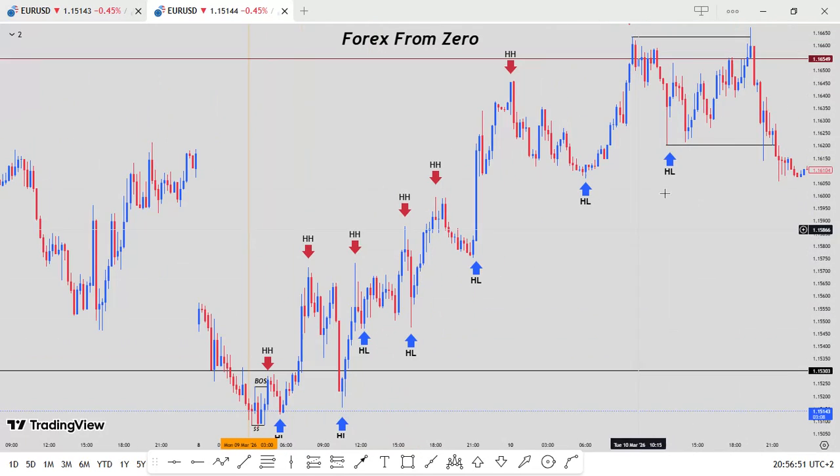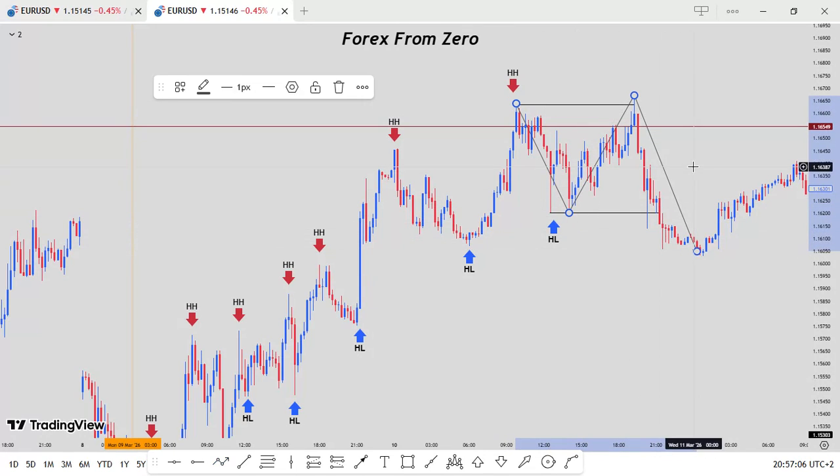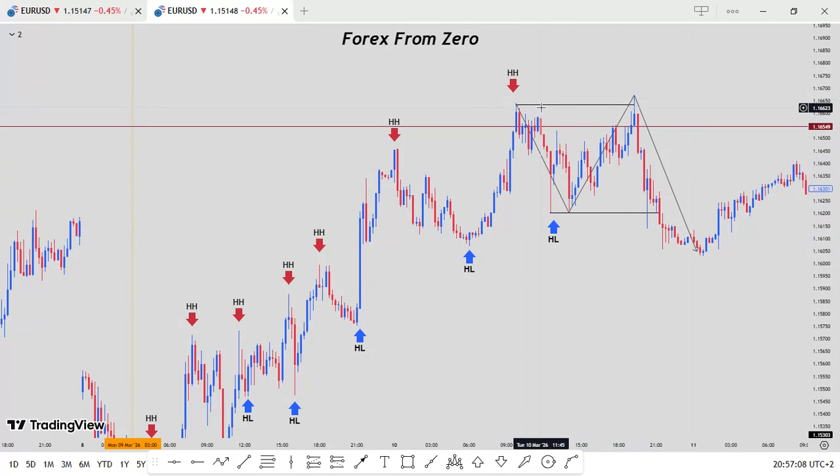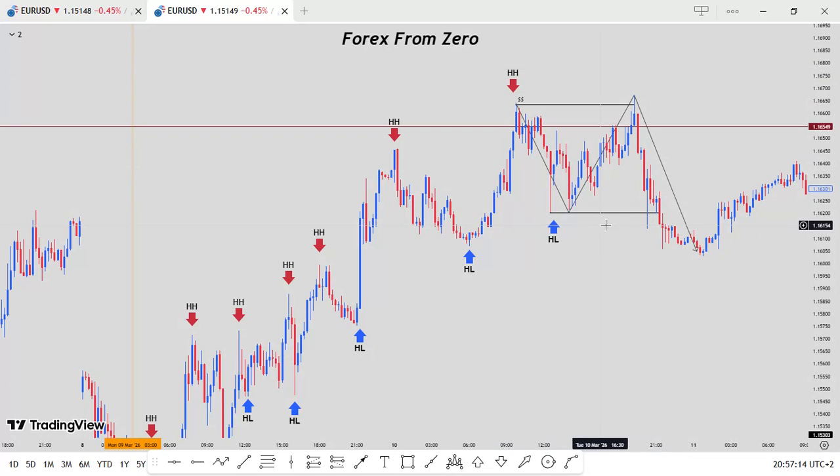Let's see what happens here. Okay, so we had our high, our low. Look at what happened. Price took out this high, is it? Yes. And price came and took out this low here. So what do we have? Hence, this is our sweep of liquidity, and for sweep of liquidity, I just mark them with the US dollar sign.